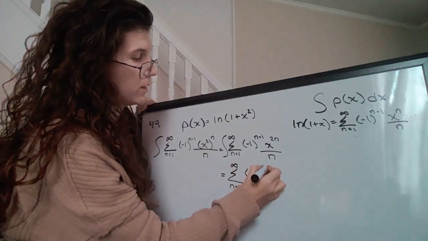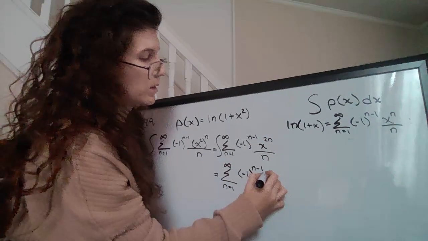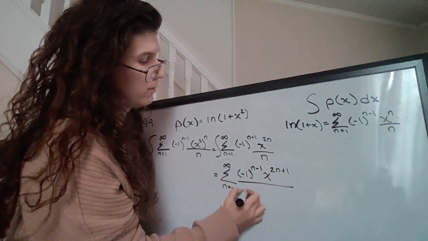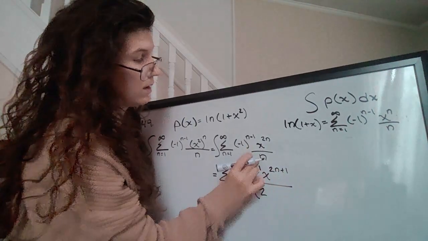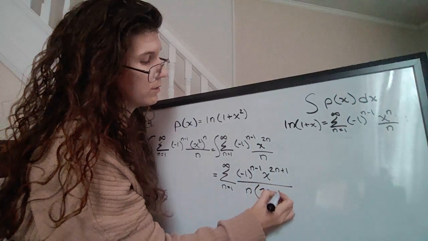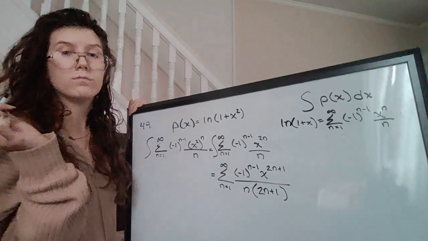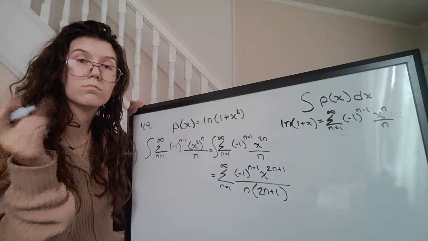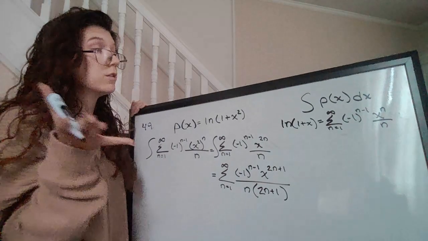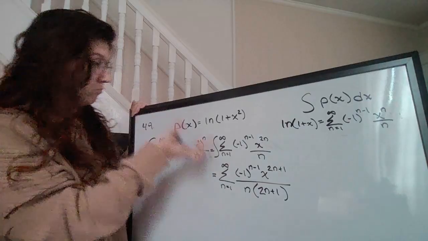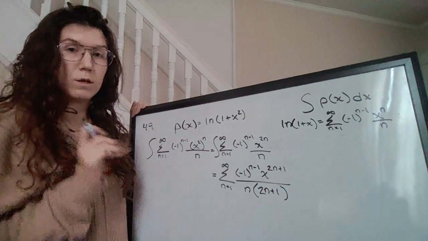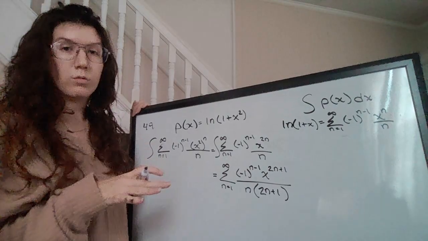Again, negative 1 to the n minus 1 is just a constant. So this will be x to the 2n plus 1 over n, since n's going to just stay there, and we're also going to divide by 2n plus 1 in our denominator. And that's it. It honestly looks like a really funky problem, but in the sense of writing, not too bad. Let me know if you're struggling with that one at all.